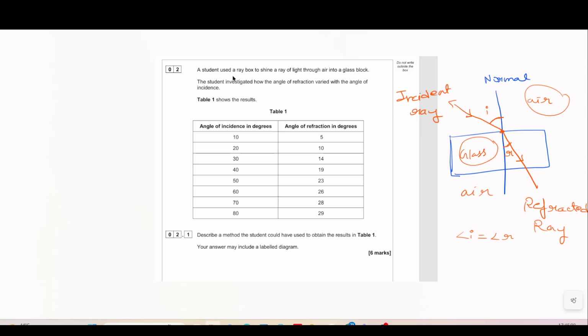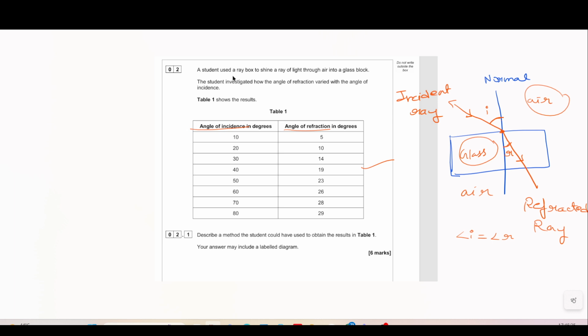So yes, you can measure the angle of incidence. This is the angle of incidence, this is the angle of refraction, by using this experiment. So first you need to set up all the equipment like this, then you will direct the light ray, then you will mark and measure the path, and then you will collect all this data.